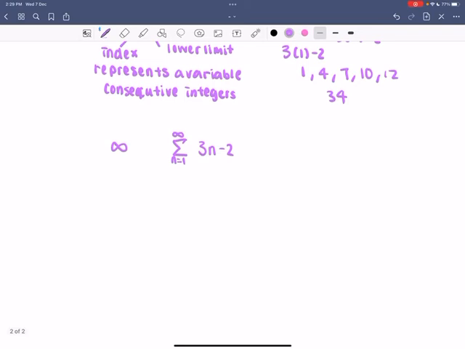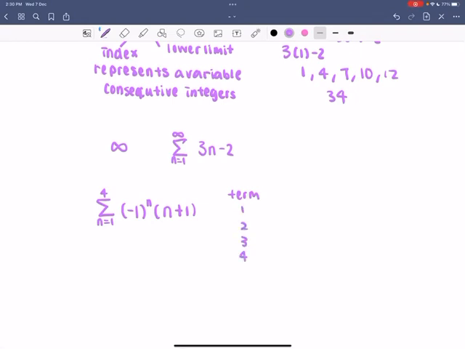So we will practice. And once again, so if we have this one, to calculate the sum, we need to find the individual terms. So you'll need term number 1, 2, 3, 4.